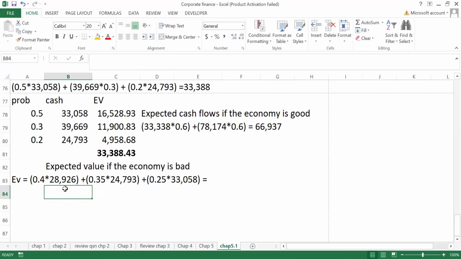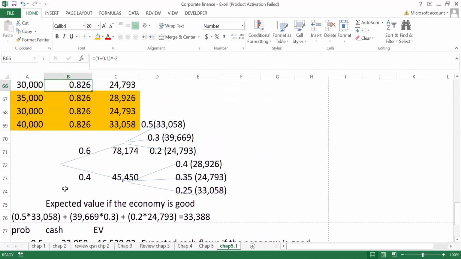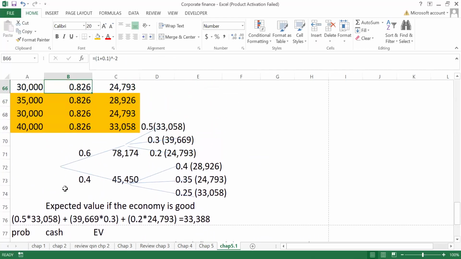You are either using a decision tree or you are using a payoff table. You don't have any choice. It's either a decision tree or a payoff table, only that your calculators today have become slow.